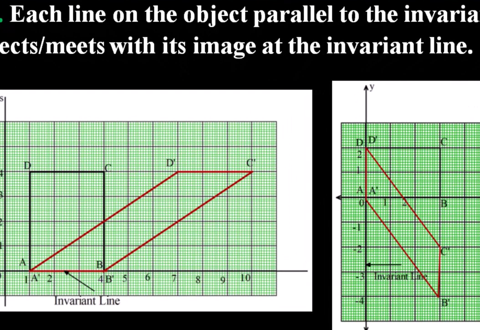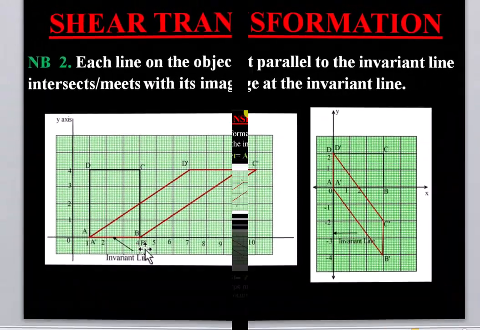This is very evident with this particular example where we have point A and A prime. They are meeting on the invariant line. We have point B and point B prime, which are also meeting on the invariant line.